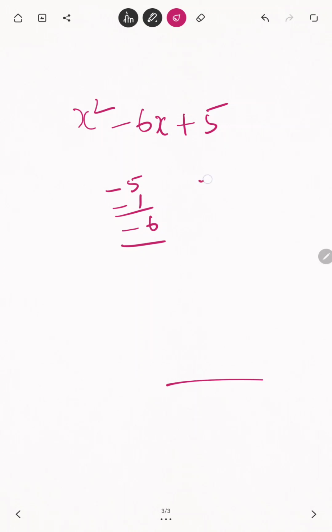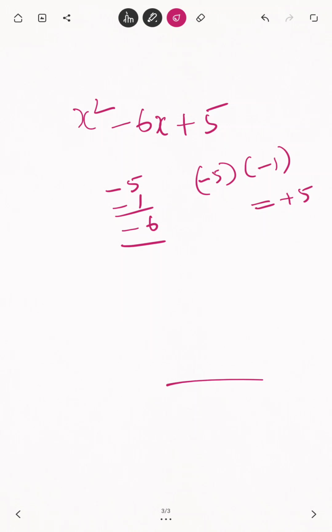Again, multiply minus 5 and minus 1; I am getting plus 5. So the middle term is satisfied by adding, and the product is satisfied by multiplying minus 5 and minus 1. When these two conditions are satisfied, only then can we factorize this. If one condition is satisfied and another is not, it is not possible to find the roots.